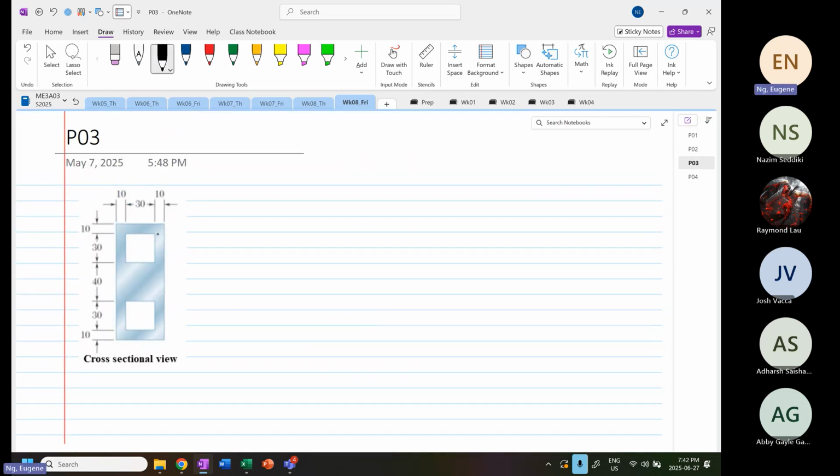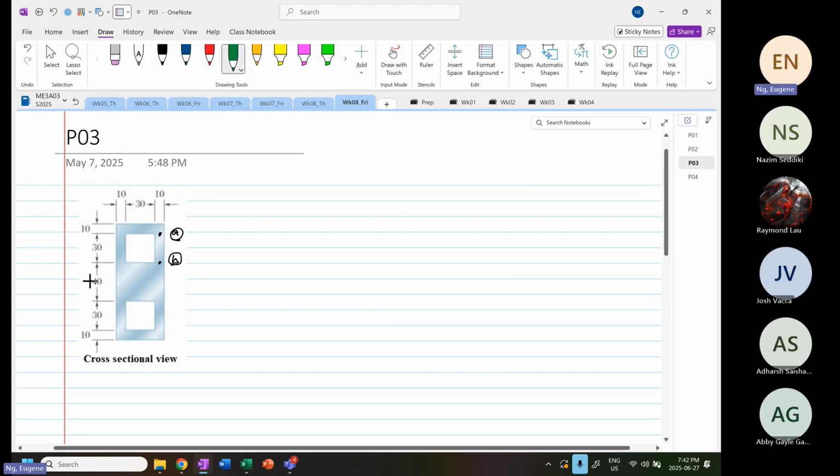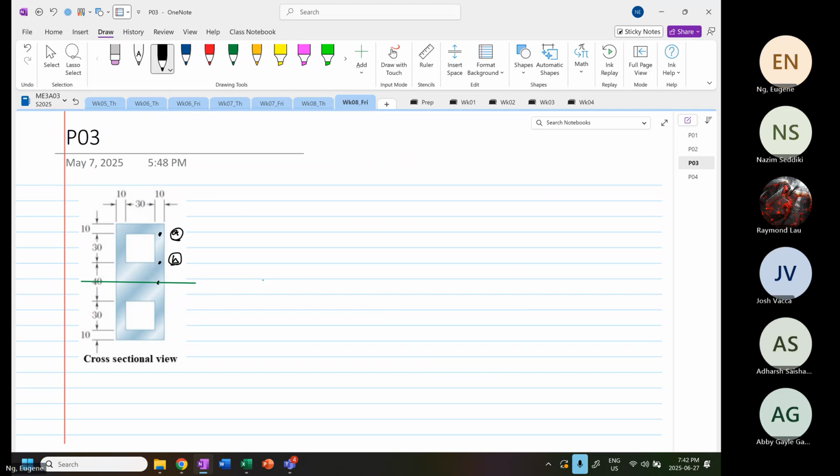As I said, this is our point A. Over here, this is our point B. And by observation, we know that this is our centroid. And at this point, this is our point C.